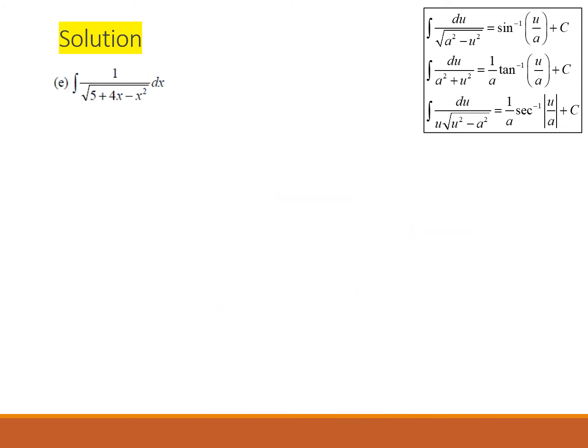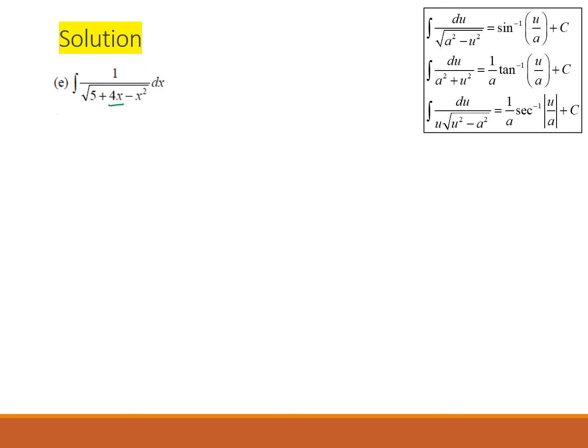The next question is to find the integrals of 1 over square root of 5 plus 4x minus x squared. For this question, we have a variable of 4x here, but in the formula there is no variable of x.